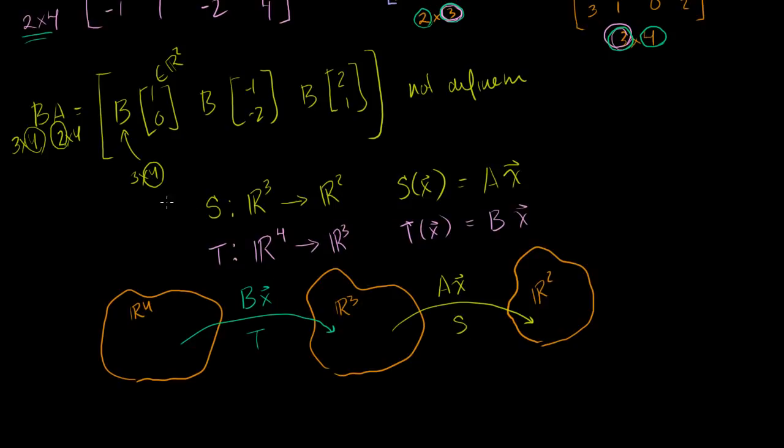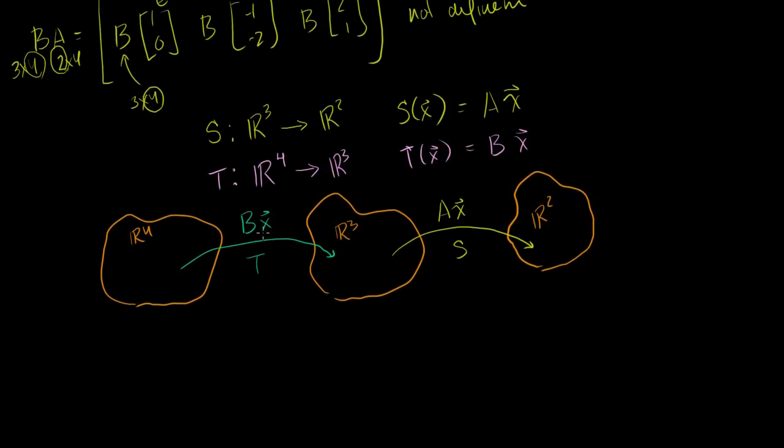So now we have a motive. We know how to visualize or think about what the product of A and B is. The product of A and B is essentially you apply the transformation B first. So what is the composition of S with T?